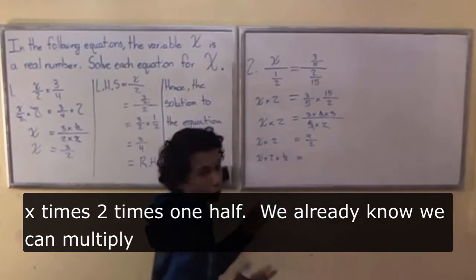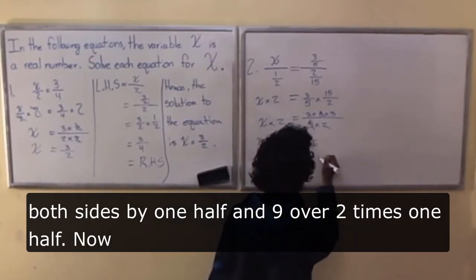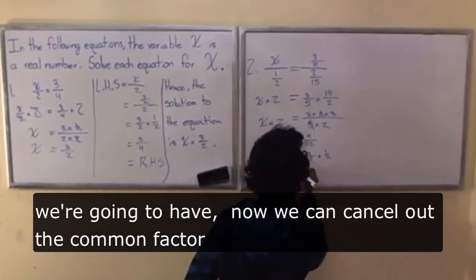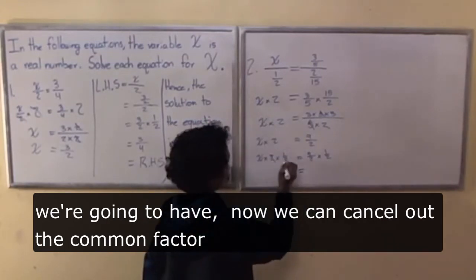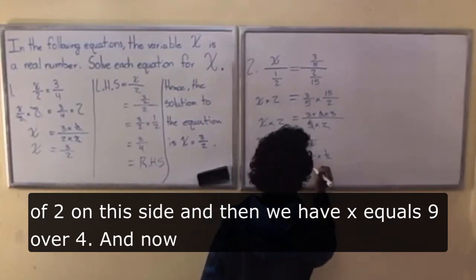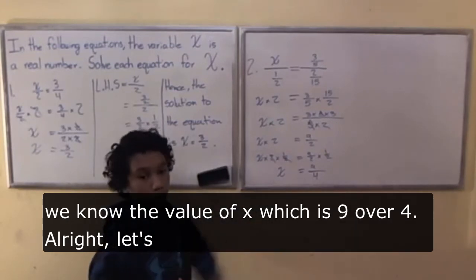We already know we can multiply both sides by 1/2, and 9 over 2 times 1/2. Now we can cancel out the common factors of 2 on this side, and then we have x equals 9 over 4. And now we know the value of x, which is 9 over 4.